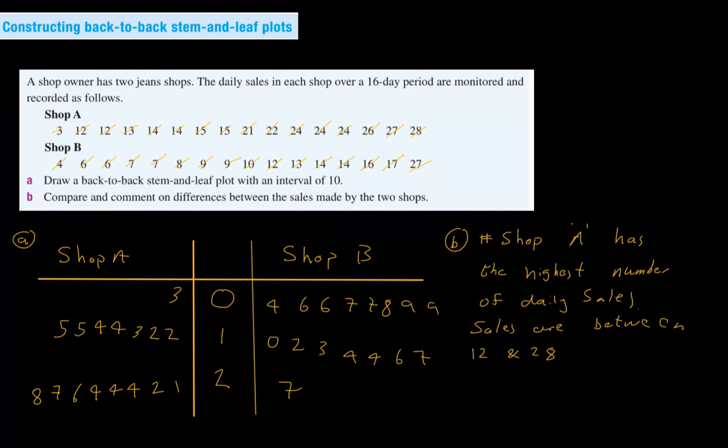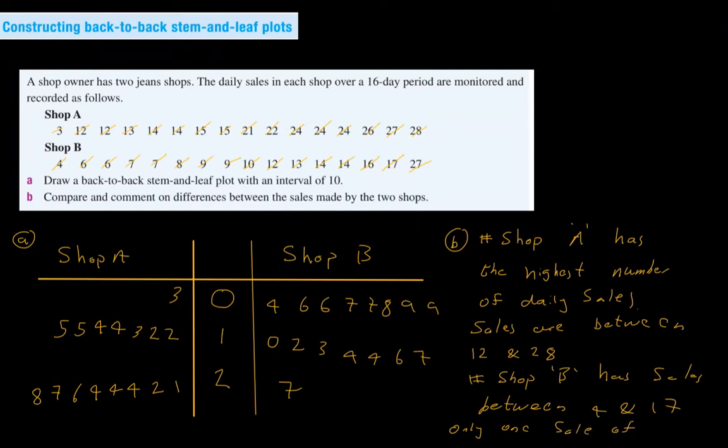Okay, shop B has sales between 4 and 17, and only one sale of 27. Okay, and that should be enough to get you all the marks.